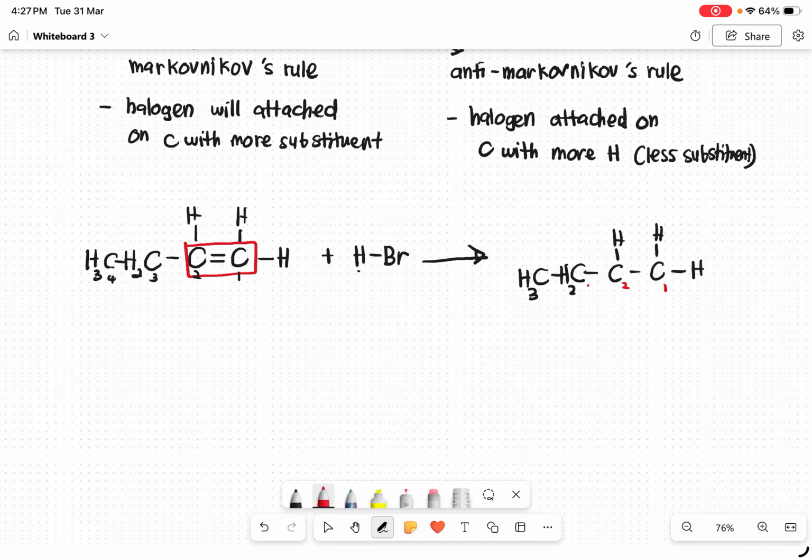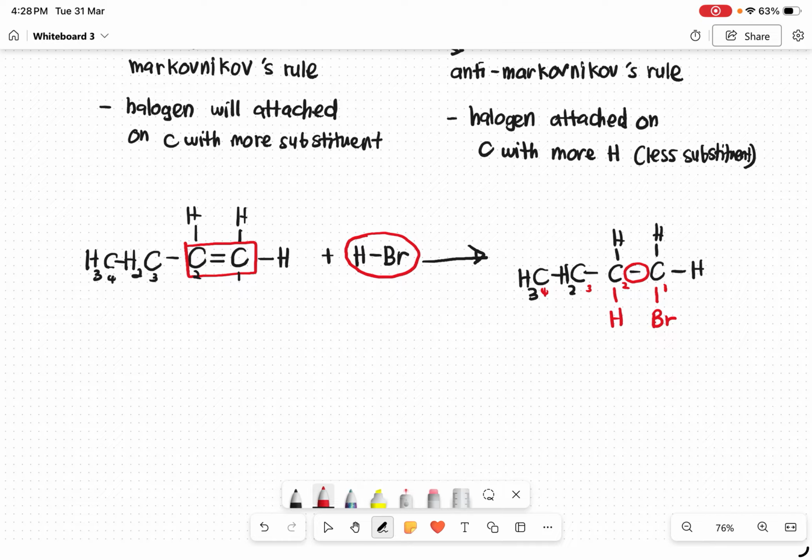Originally we have a double bond here, right? But now no more, because it reacts with hydrogen halide. Now where is the position of H? Where is the position of Br? If Br is at carbon number 1, H is located at carbon number 2.